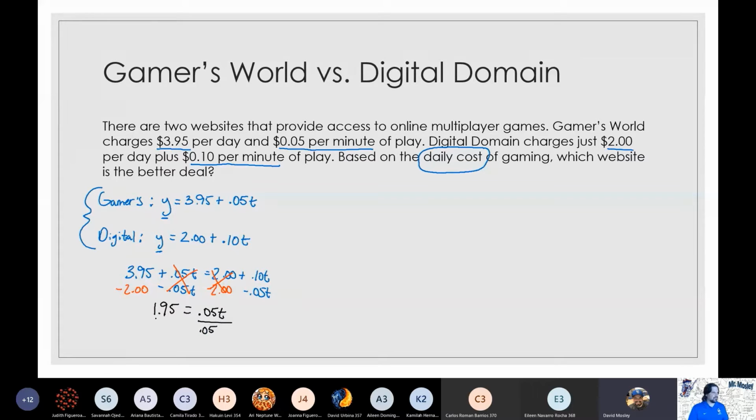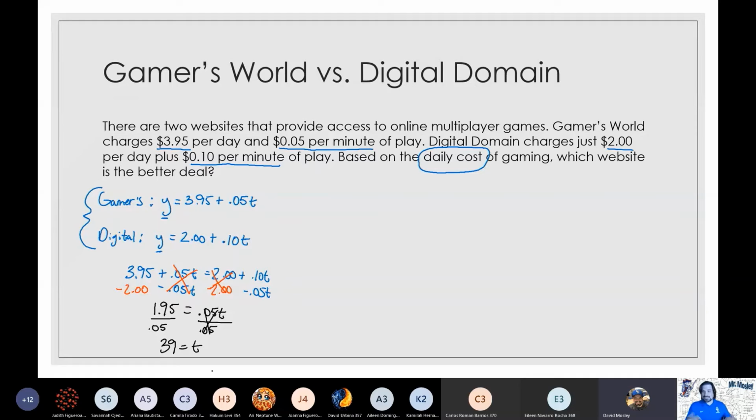Divide by 0.05 on both sides. And we use our trusty calculator. We get 39 equals t.